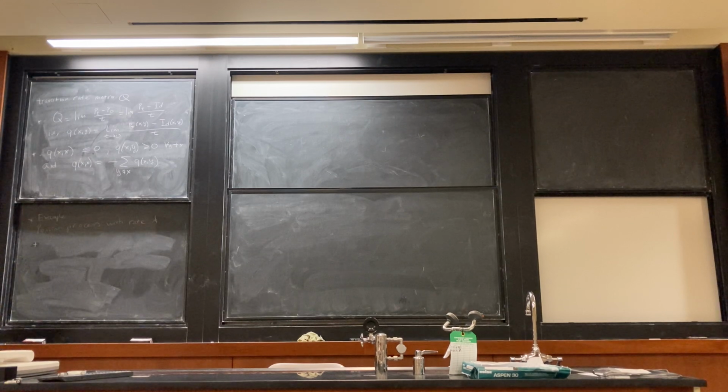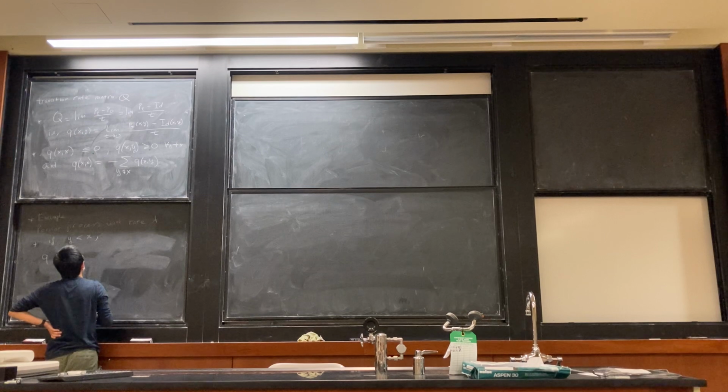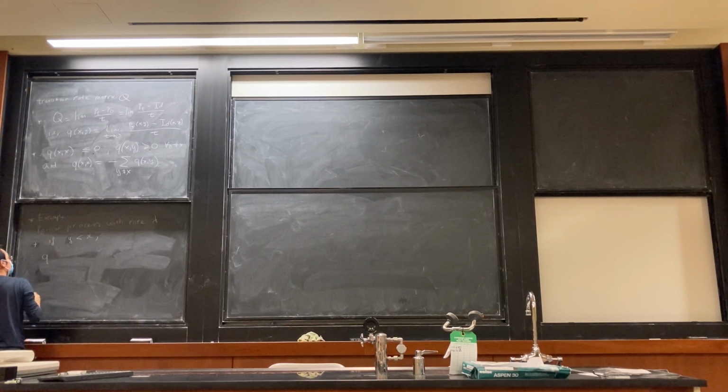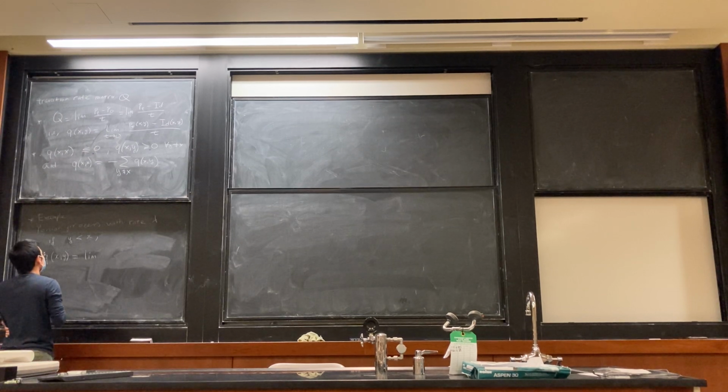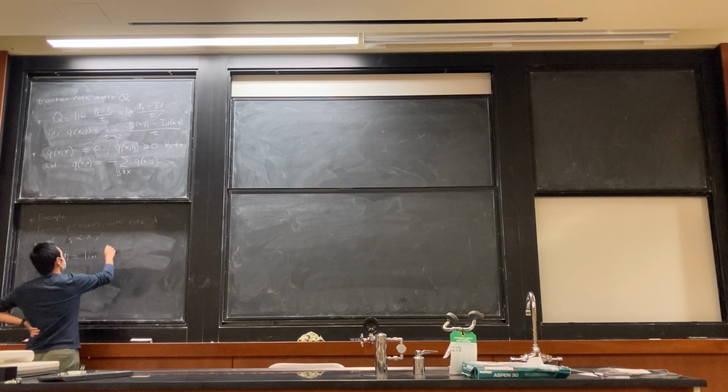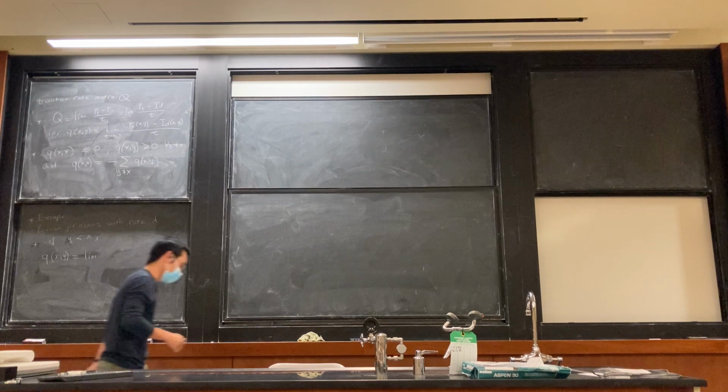I need to compute, if say y is less than x, then it's clear that I have Q of xy, which is the limit of, what is that here, N_t, right? Where's the limit? So the limit of N_t.